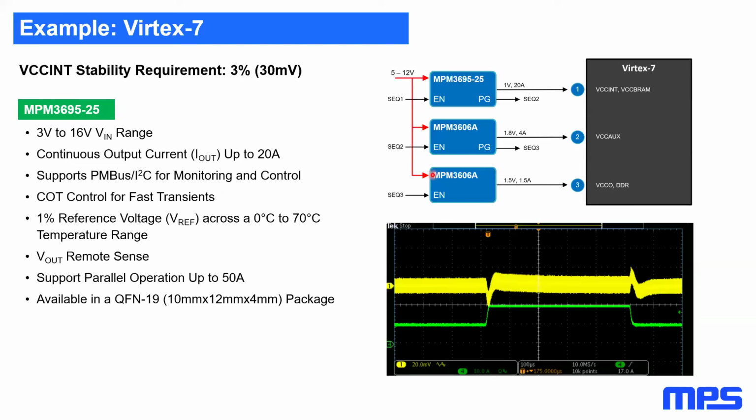So with these 3 modules, we're delivering the main rails required for this FPGA, and the 369525 can deliver up to 20 amps of continuous output current, as well as supporting digital communication for both monitoring and programming different parameters such as the output voltage or the switching frequency, and using, as I said, constant on-time control for delivering these very fast transients.